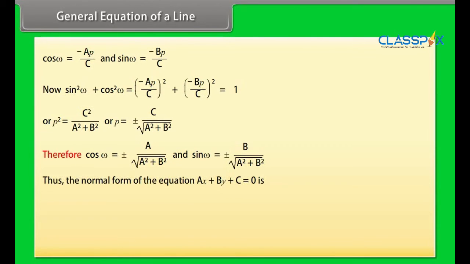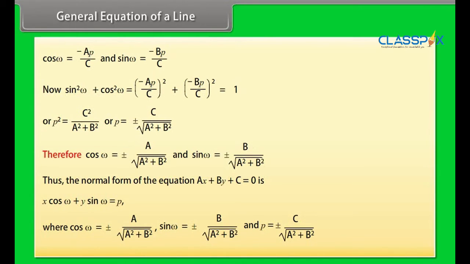Thus, the normal form of the equation ax + by + c = 0 is x cos omega + y sin omega = p, where cos omega = ± a/√(a² + b²), sin omega = ± b/√(a² + b²), and p = ± c/√(a² + b²).